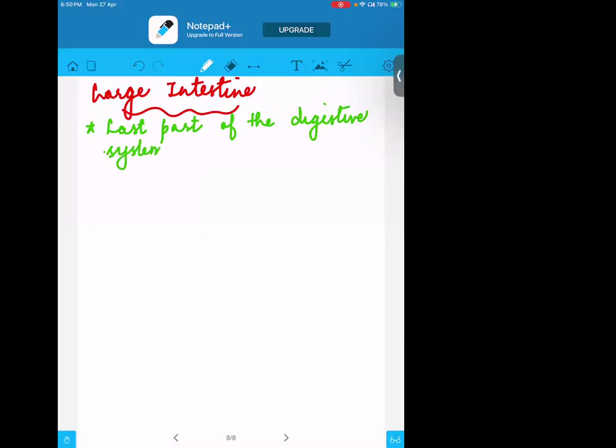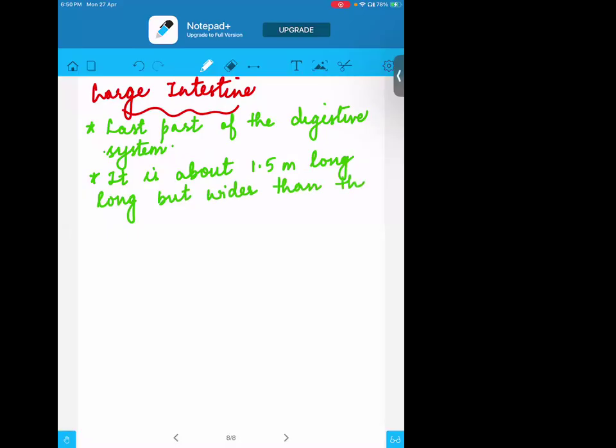Second thing, it is about 1.5 meter long. So they are just 1.5 meter long, but they are wider than the small intestine. And that is how the name large is given to them because of the broadness.